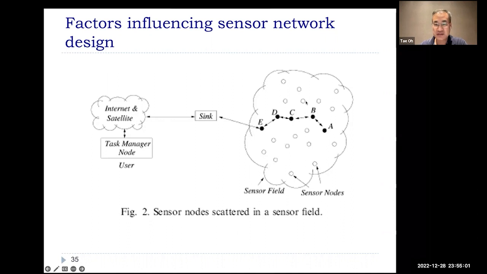Another thing is if a sensor is farther away, it takes a good amount of power to communicate. So it depends how you want to design it. Design depends on what application you're trying to use it in. Okay. So this is the very high level of network design.